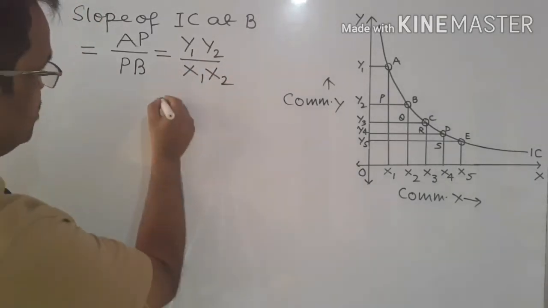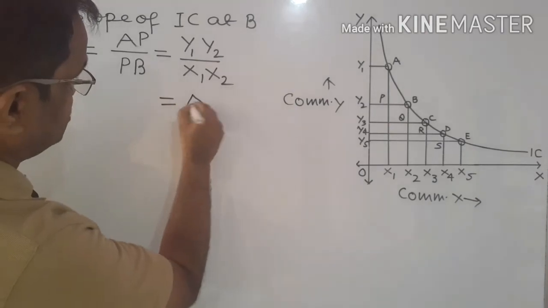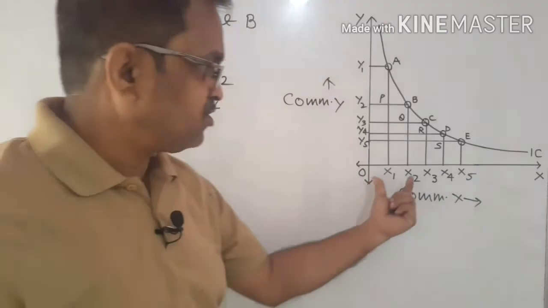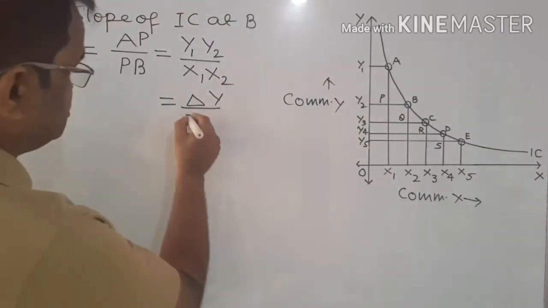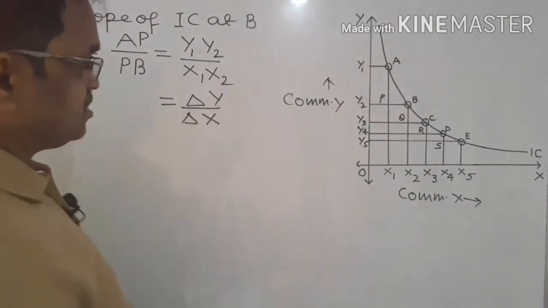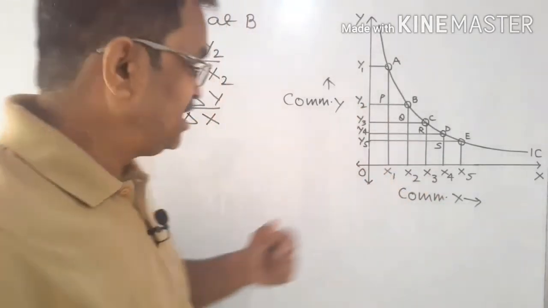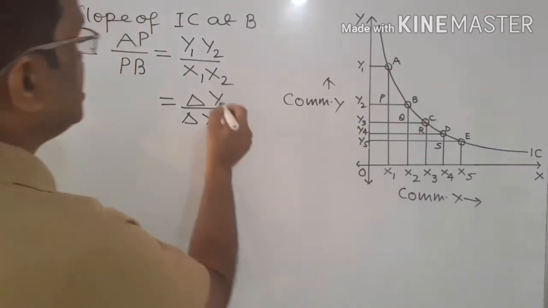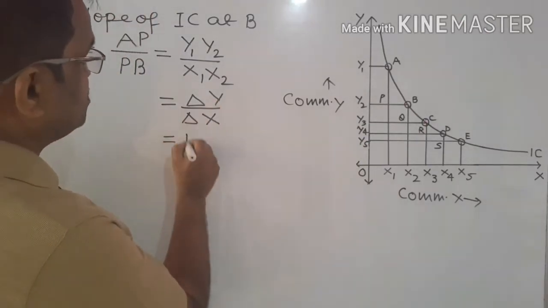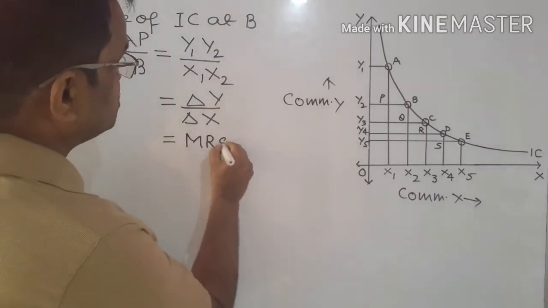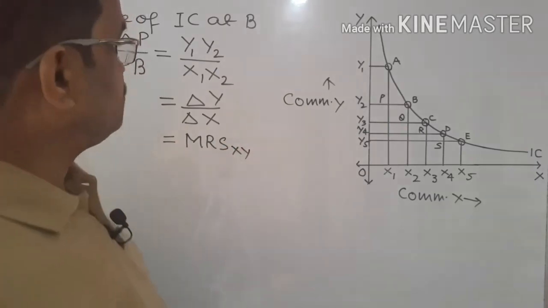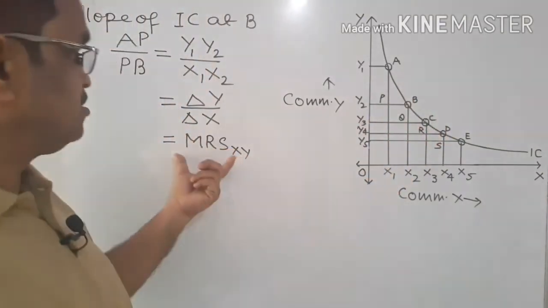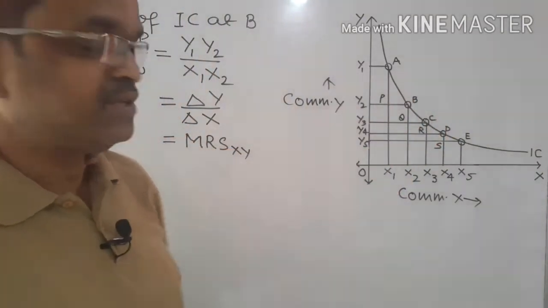And what is y1, y2? That is the change in the units of commodity Y consumed. And what is x1, x2? That is the change in the units of commodity X consumed. And that is called the slope of the indifference curve at B. And what is this ratio? That is the marginal rate of substitution of X for Y. This is the slope of the indifference curve at the point B on the indifference curve.